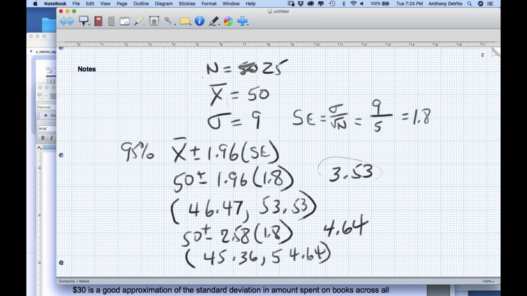When you get to the very end, technically you should be working with significant digits. What does that mean? Significant digits means, for instance, if I use 1.96 for my z-score, really it might be 1.96090113, whatever, right?